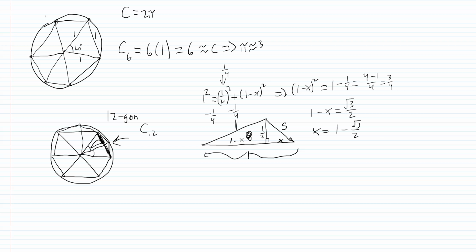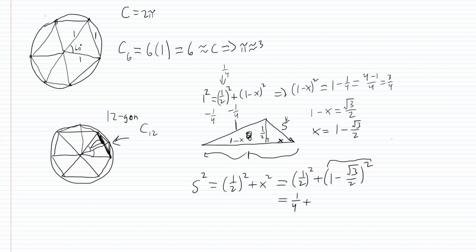But now I can use the Pythagorean theorem again to get s. So s squared is 1/2 squared plus x squared. So we get 1/2 squared plus (1 minus root 3 over 2) squared. Well, this is 1/4. And here, I need to expand this binomial.